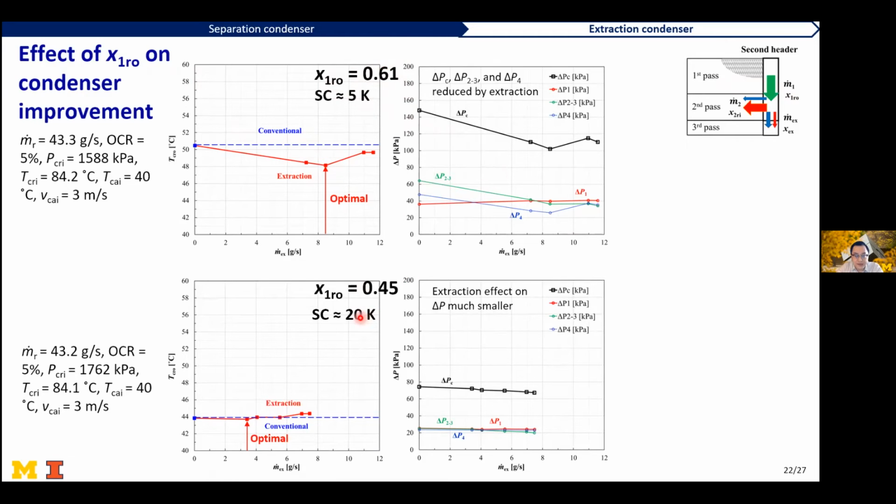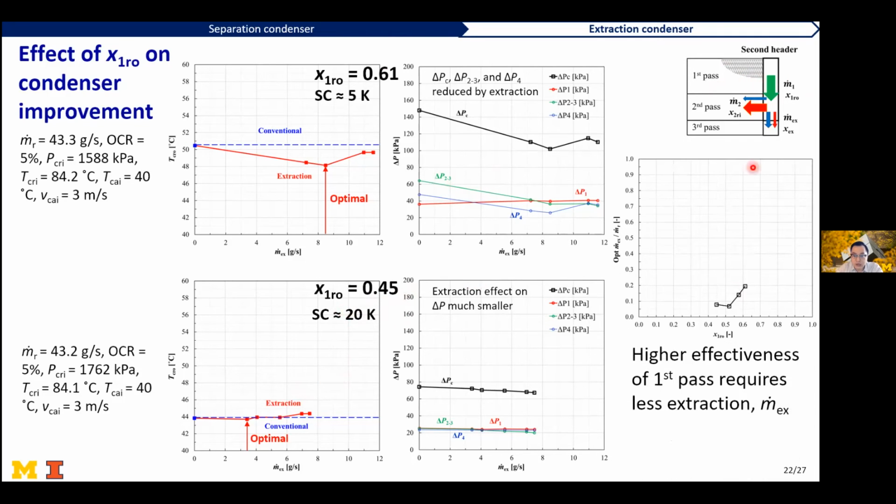But if the subcooling is 20 K, which indicates the first pass has done a lot of the heat transfer already, that means a higher effectiveness of the first pass. We can see the optimal flow rate is dramatically reduced. It is about 8% of the total mass flow rate. So this is also basically telling us a higher effectiveness of the first pass will require less liquid extraction.